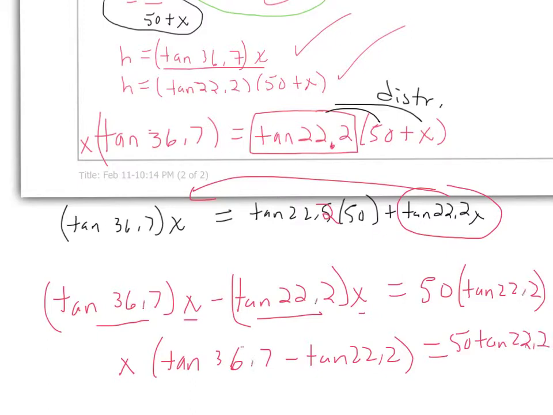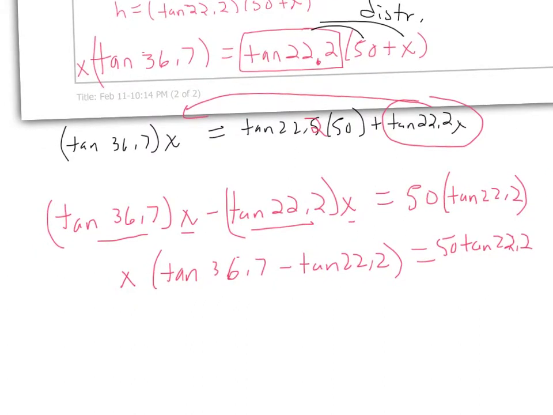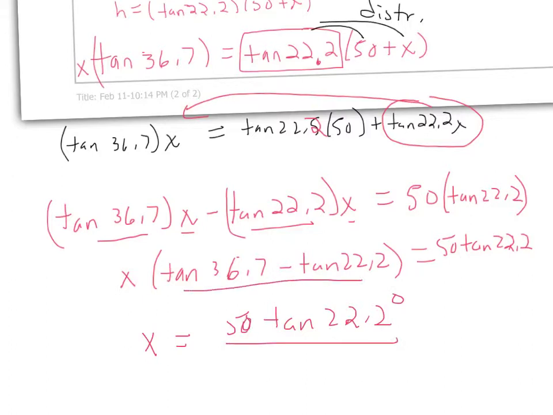So in the end, you can probably see already that x ends up being 50 tan 22.2 degrees divided by this lovely expression, tan of 36.7 degrees minus tan of 22.2 degrees.